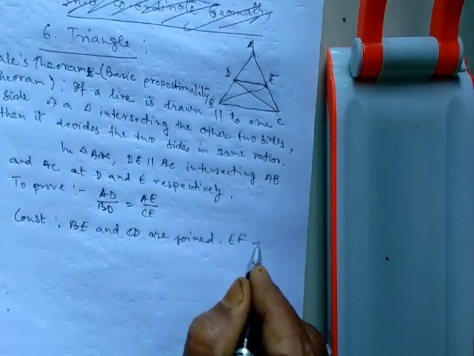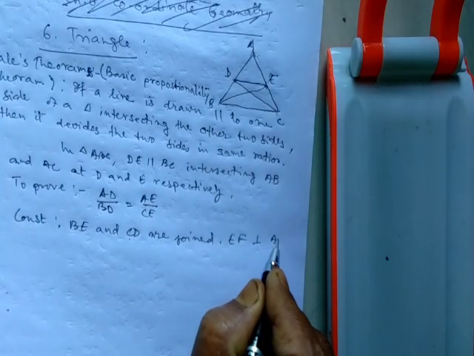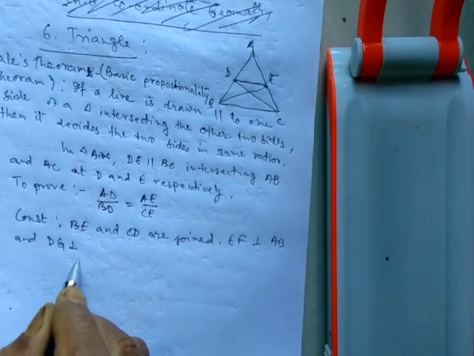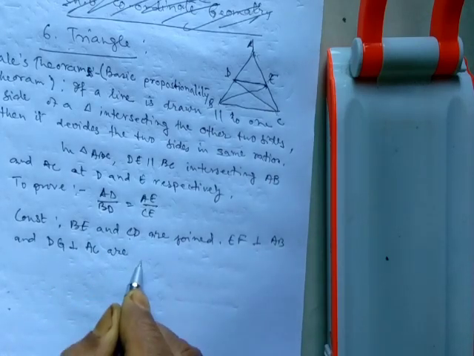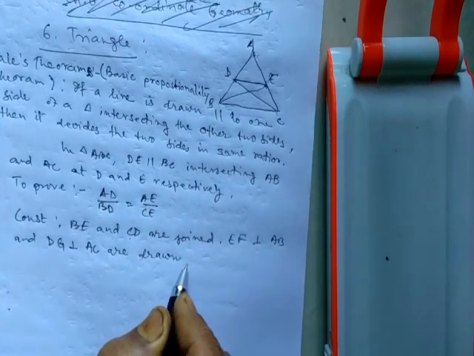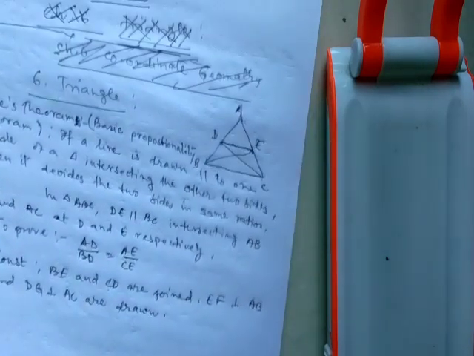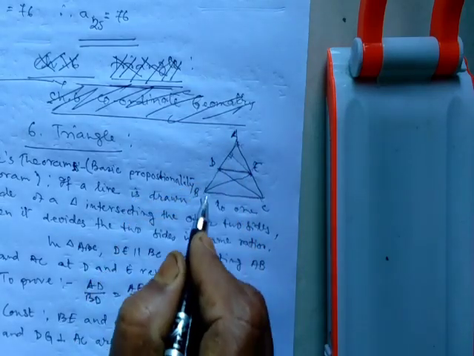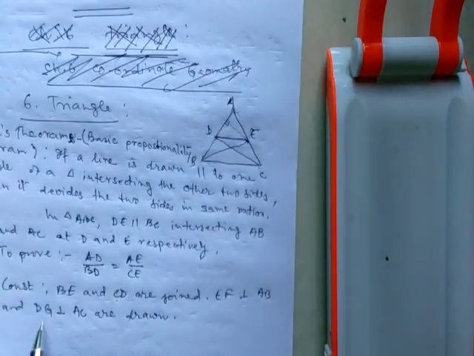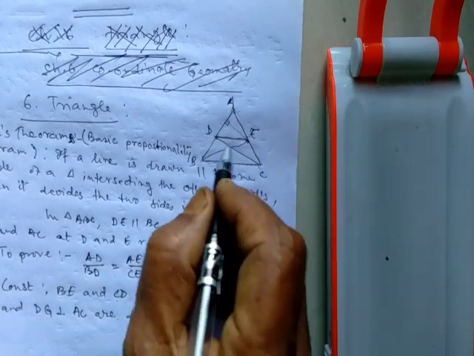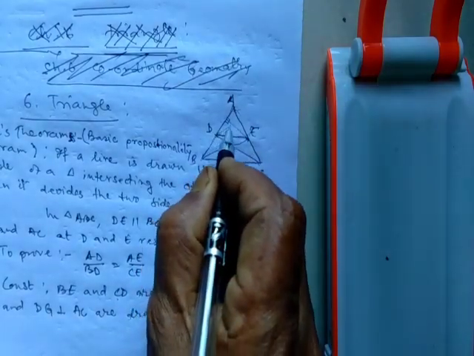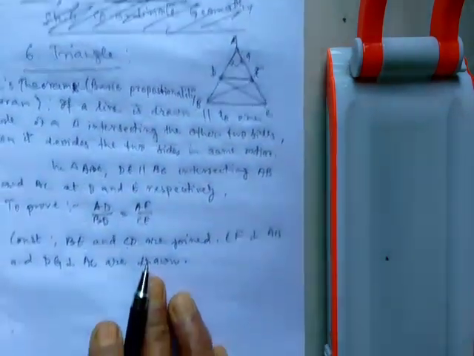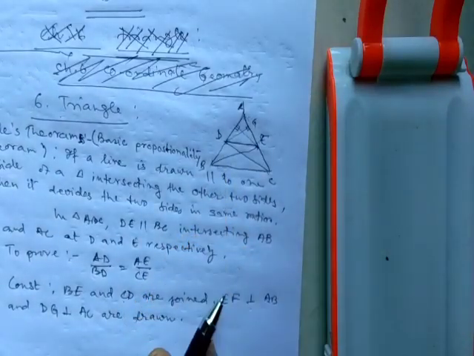EF perpendicular to AB and DG perpendicular to AC are drawn. Thus EF is perpendicular to AB, and DG is perpendicular to AC. According to our construction, we got this triangle.